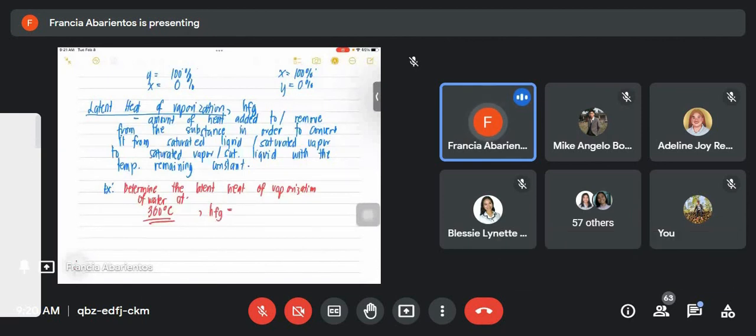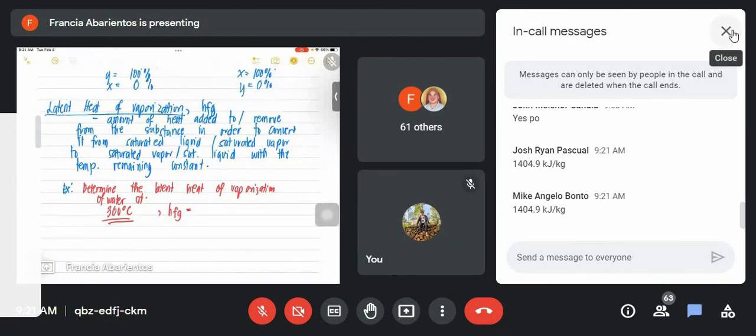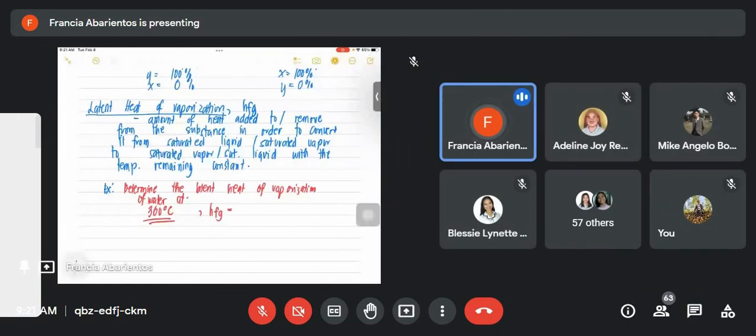So, in table 1, at 300, go to your upper left.